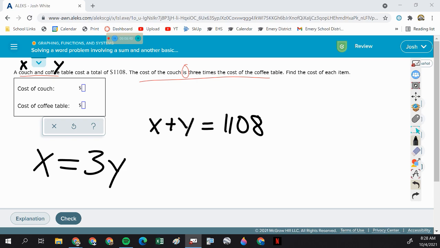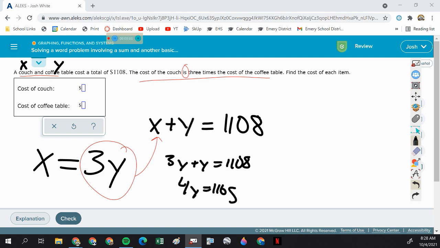Now we just use substitution. We're going to stick this in there. 3y plus y is 1108. So 4y equals 1108. Divide by 4. 277.